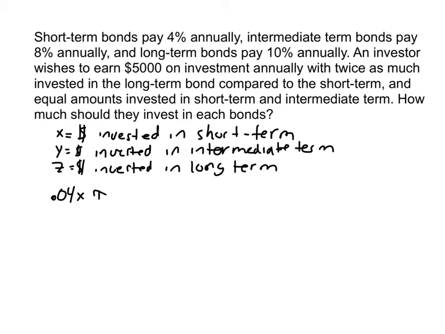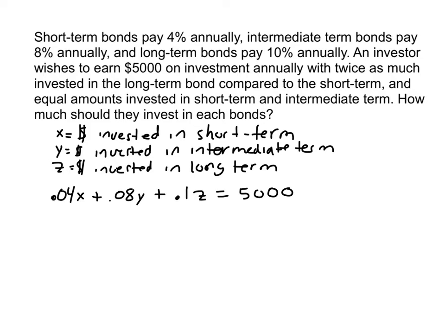And then we add that to the amount that he earns in the intermediate-term bond, which is 0.08 times Y, and the amount that he earns in the long-term bond, which is 10%. If we add all this together, we want that to equal $5,000, so we want the investor to earn $5,000 every year.